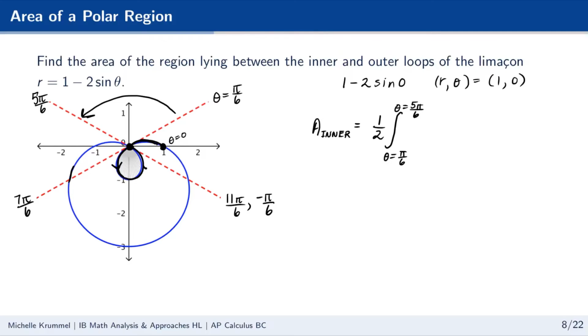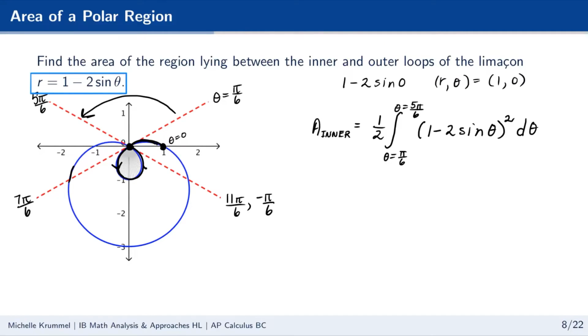And my r is over here. That's the equation that we started with. That's the r. So 1 minus 2 sine theta, that's my r, squared. Don't forget to square the r, d theta. Now how do we integrate this?